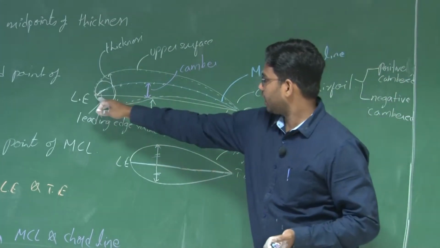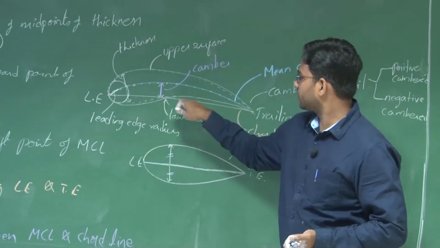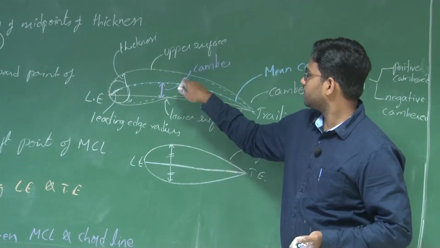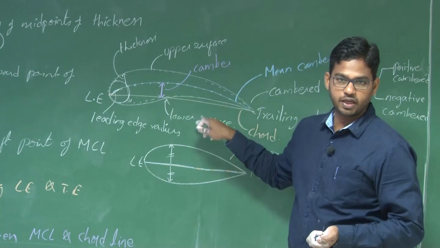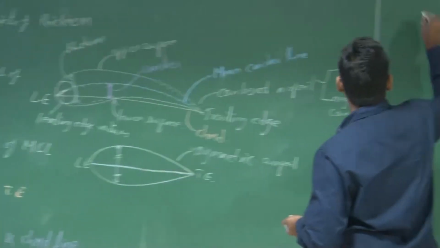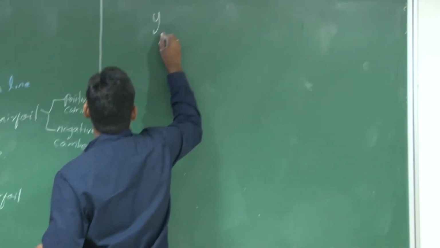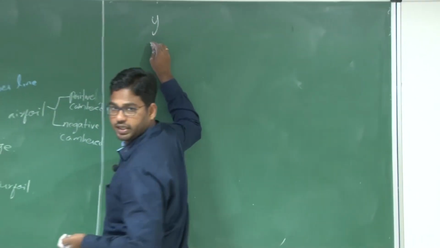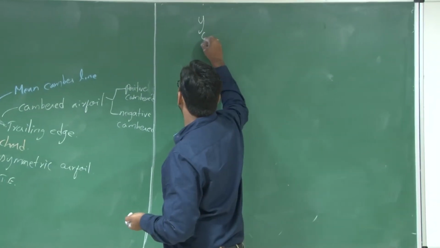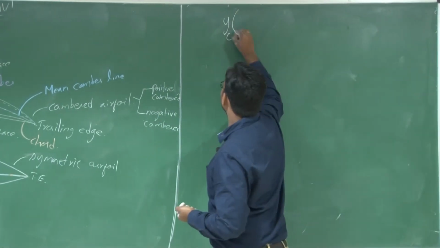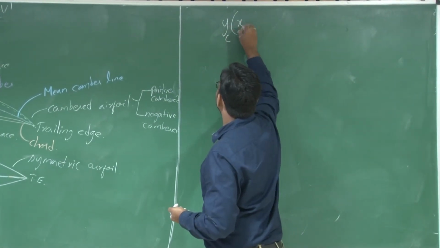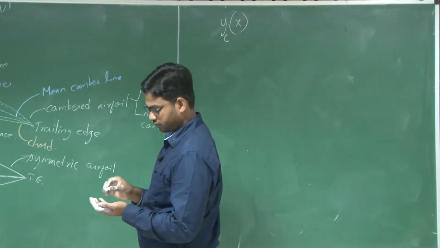Let us say you have a chord here; at each and every location of this chord, there are corresponding coordinates for this mean camber line, right? Say C is my mean camber line, Yc as a function of chord, or say x, right?